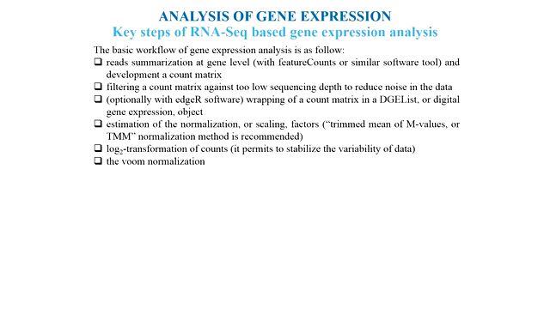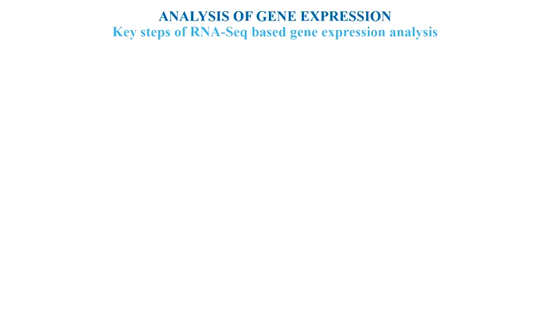This step is important when we carry out a comparative analysis of gene expression and use several biological samples. In this case, each sample usually has a different total number of reads and, as a result, a different sequencing depth of genes.